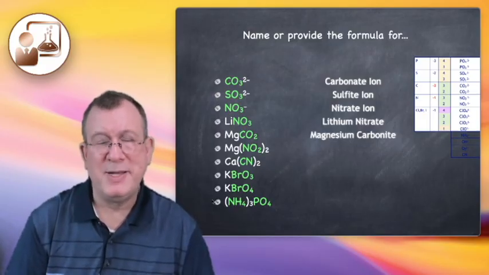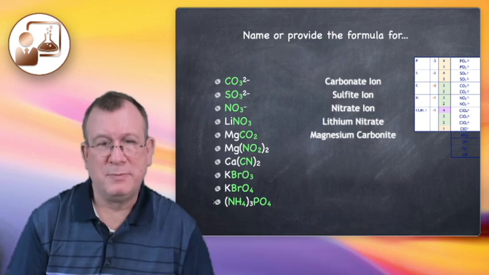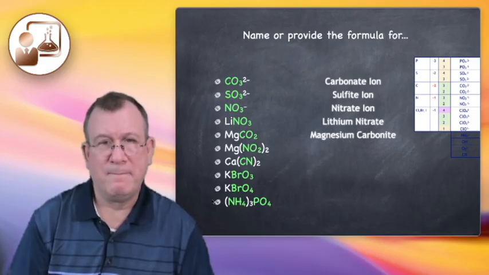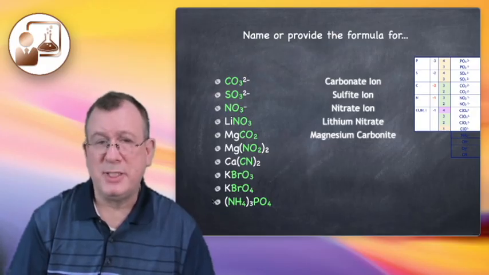If I take magnesium and I add 2 nitrites to it, remember, the nitrite has a 1- charge, the magnesium is a 2+. Hey, what do you think I'm going to call that one? Be careful. Doesn't matter that there are 2 nitrites, right? There will always be 2 nitrites because magnesium has a predictable charge.